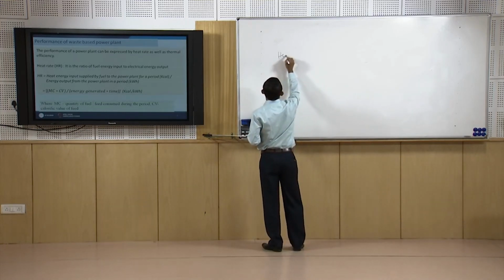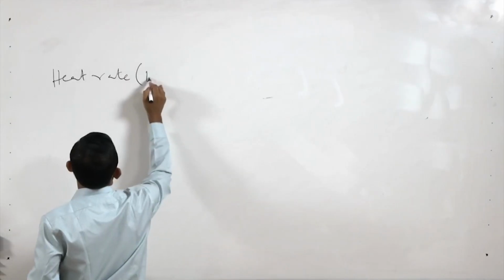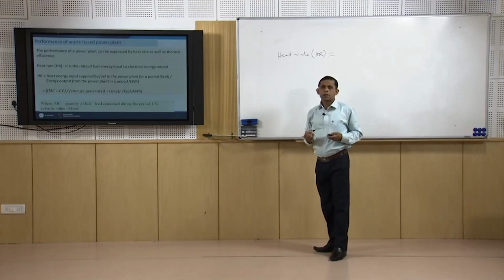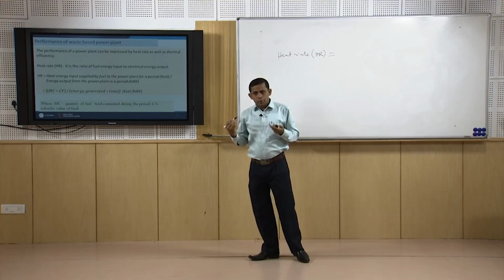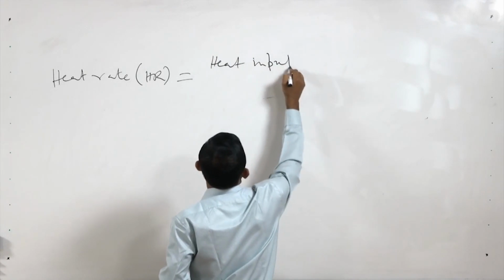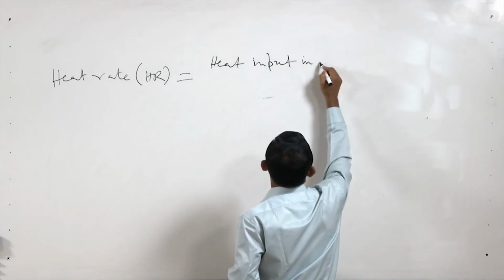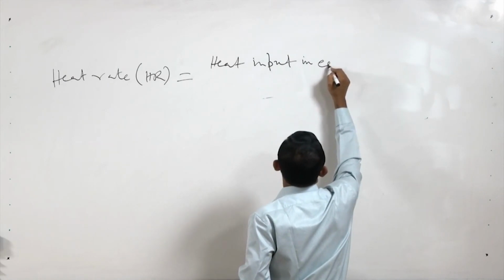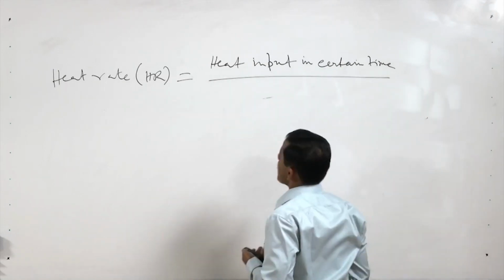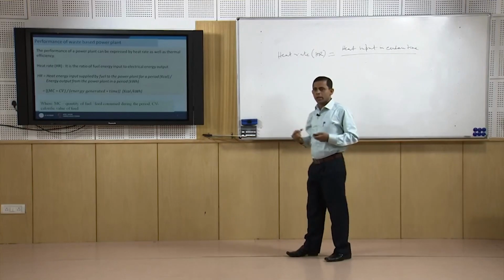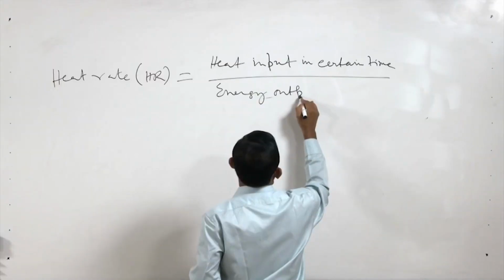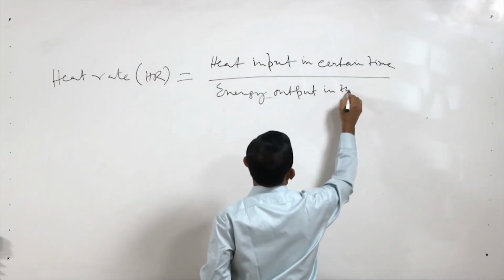So, heat rate, HR, is equal to the ratio: the heat we are giving as input to the plant, that is heat input in a certain time, divided by how much energy we are getting, that is energy output in the same time.